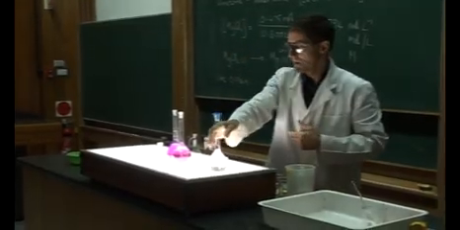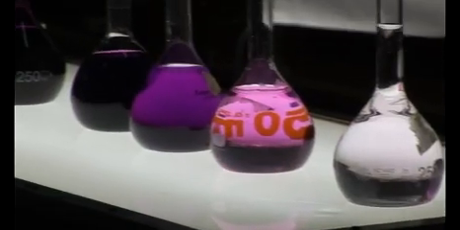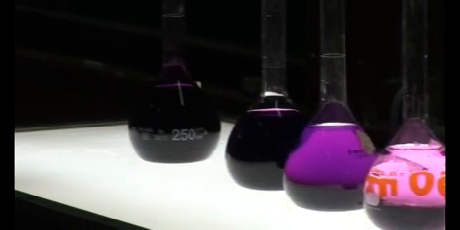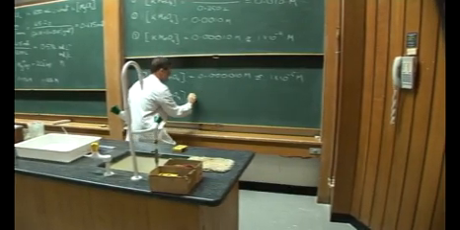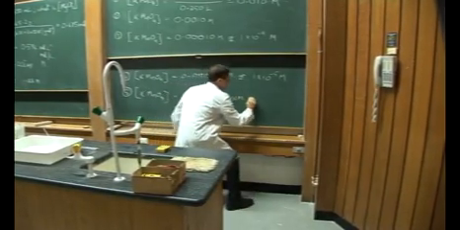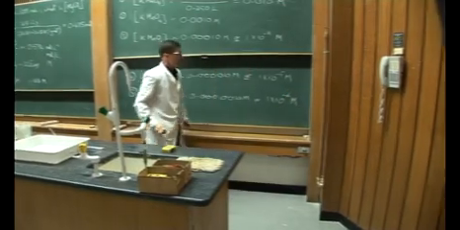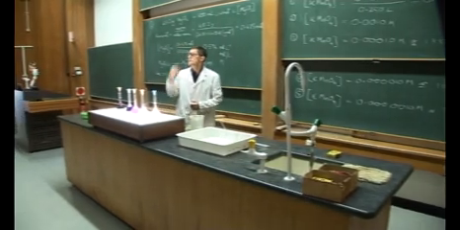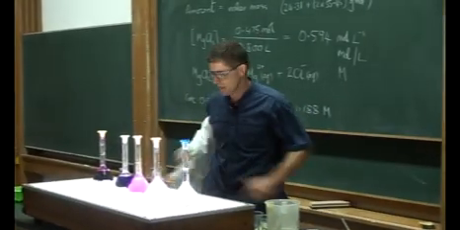So our eyes, at least for this compound, can detect a material that has a concentration down to, well, it's about 1/1000th of a molar or something, isn't it? One times 10 to the minus 6 of a molar, and still our eyes can detect that.